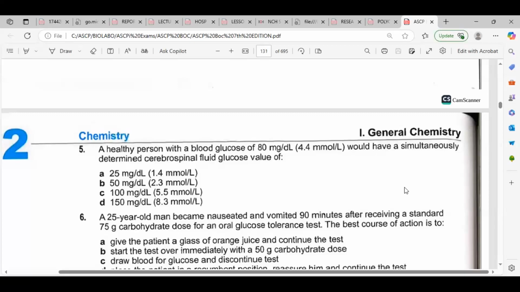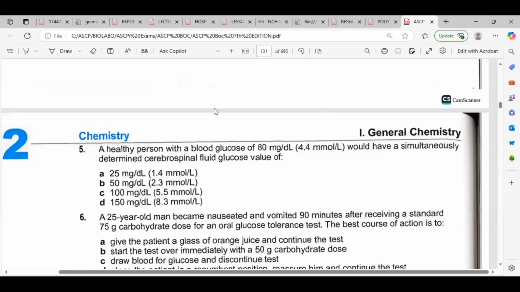They're asking what would be the simultaneous level of cerebrospinal fluid glucose. That is going to be 50. You can't say 25, that would be very abnormal, and you can't say 100 because 100 is above 80.